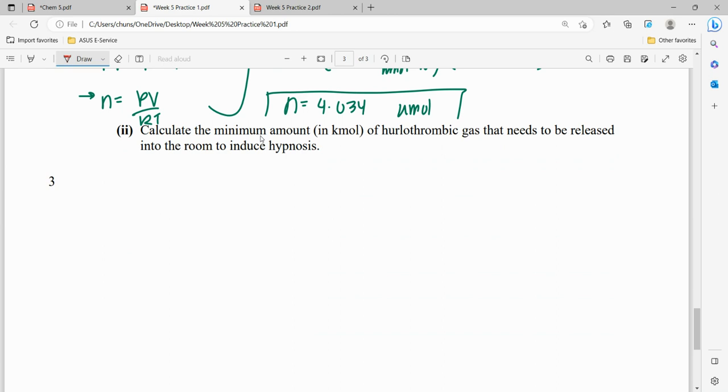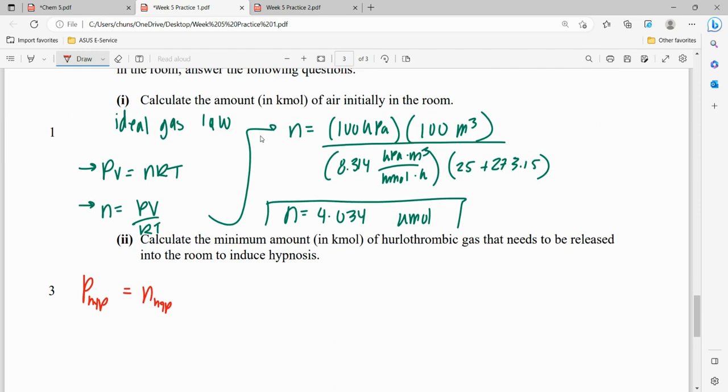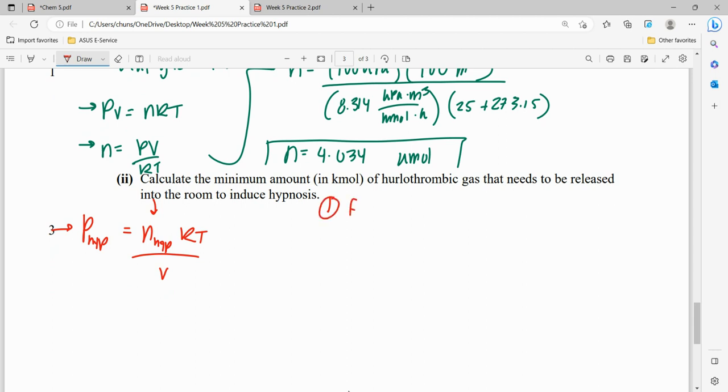So the partial pressure of hypnosium is equal to the moles of hypnosium over R times T over V. But we know this must be 0.5 kilopascals, but we don't know what this is. So our first step is find moles of hypnosium.